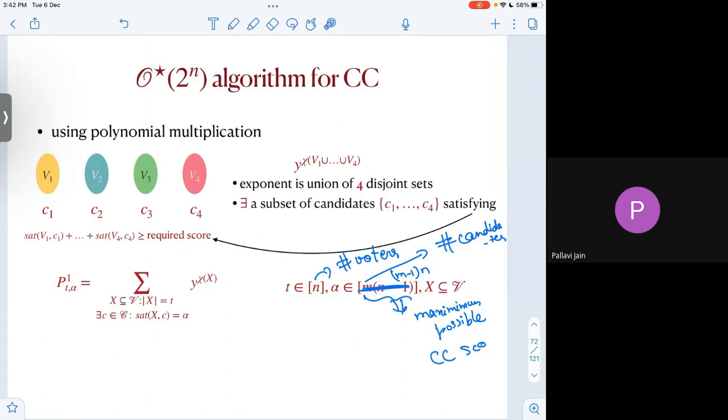So the first polynomial has a monomial y to the power chi x, where x is a subset of the voter set.